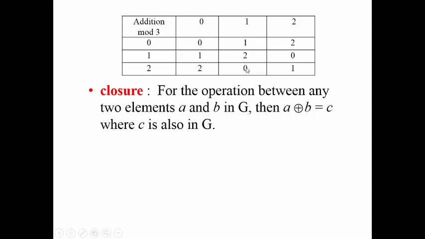Again, we have 1, 2, 0, and here we have 2, 0, 1, which gives us also permutations of 0, 1, and 2. On the other hand, if we had 1 operation 1, and that in some system might equal 3, 3 would not be in here, so you would not have closure. It's a very useful concept, which we'll see a little bit later.